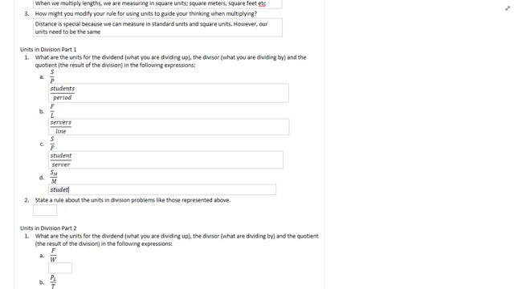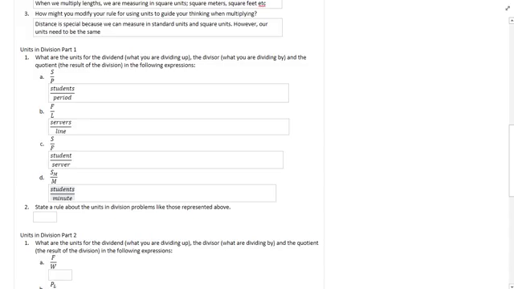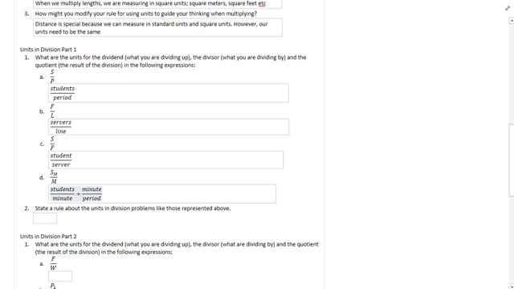We have students per minute, and this is being divided by minutes per period.